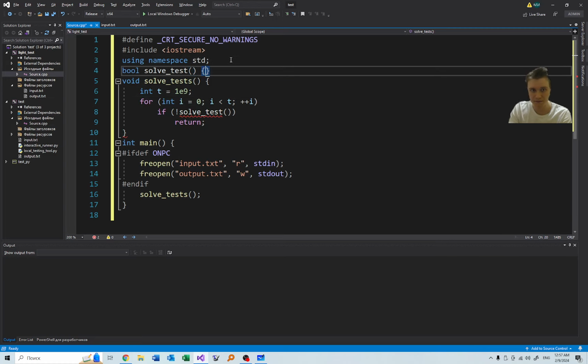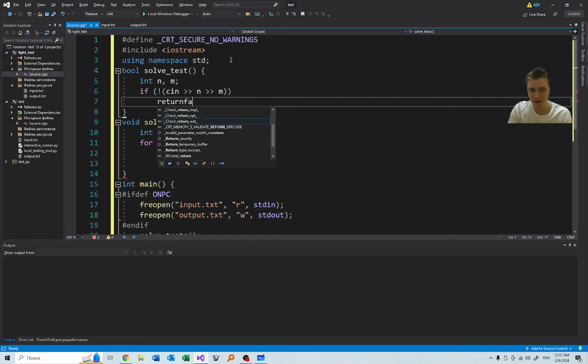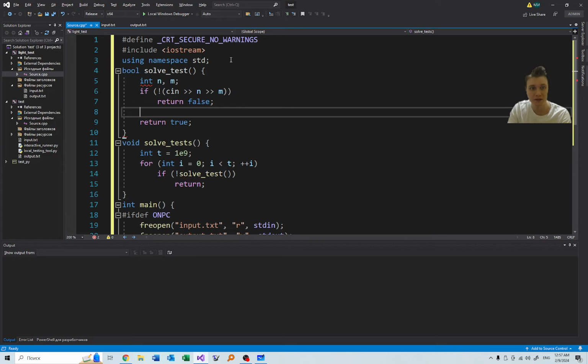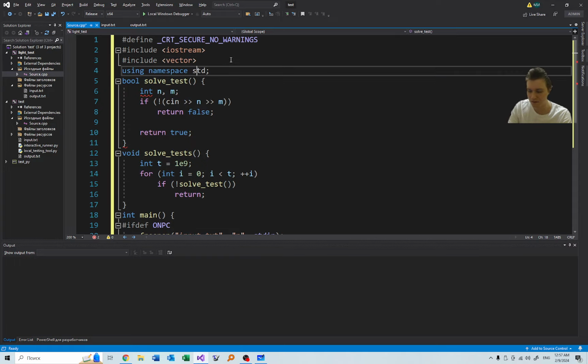We have int n and m. If we fail to read n and m, we return false, else we return true, but before that we read the arrays. Actually, we can do it like this.